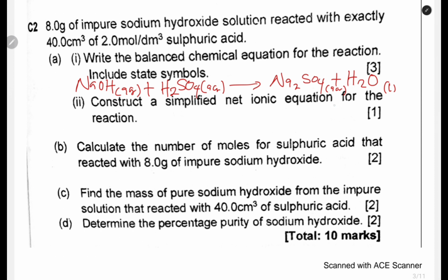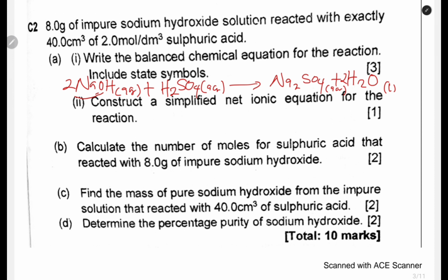Then now we are saying balanced one. So how do we balance them? To balance this equation, we check how many sodium: 1, how many sodium: 2. So we're going to put a 2 in front of sodium hydroxide. Sodium 2, sodium 2. But let us look at oxygen. Oxygen here, it is multiplying this 2 plus this 4, 6. What about the other side? We only have 5, so we put a 2 in front of water.